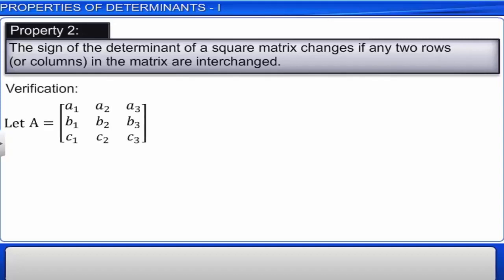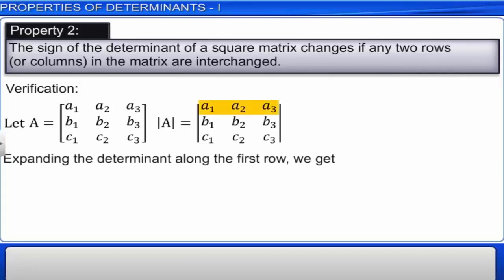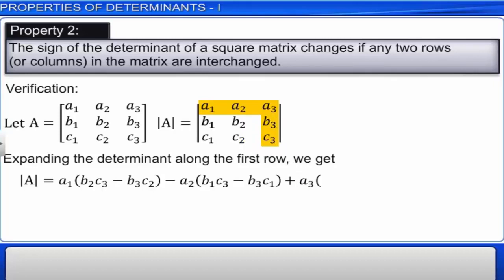Consider a 3 by 3 square matrix A. Let's evaluate the determinant of matrix A. By expanding it along the first row, we get A1 times of (B2 C3 minus B3 C2) minus A2 times of (B1 C3 minus B3 C1) plus A3 times of (B1 C2 minus B2 C1).